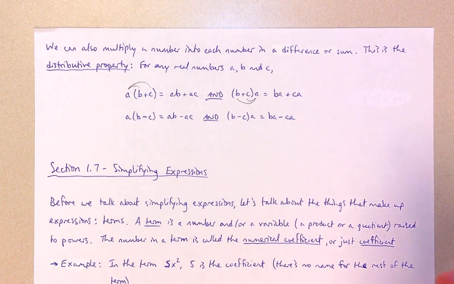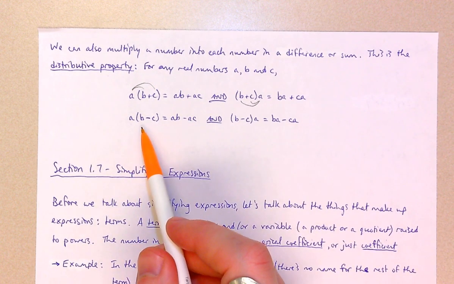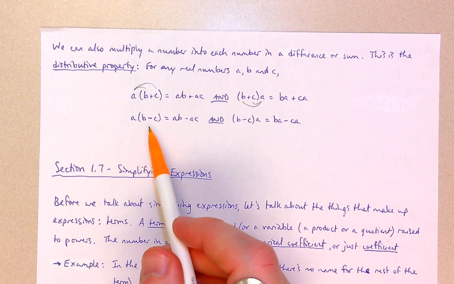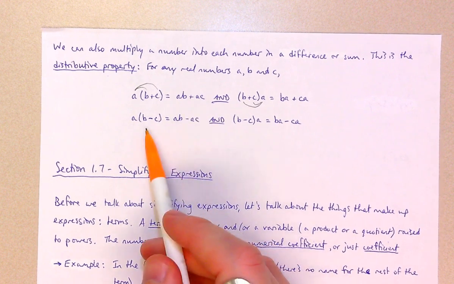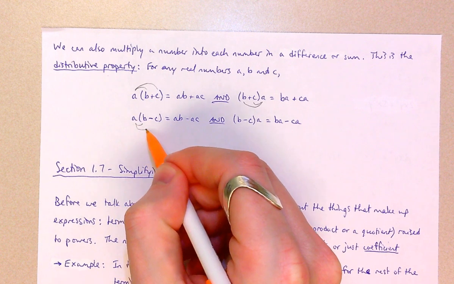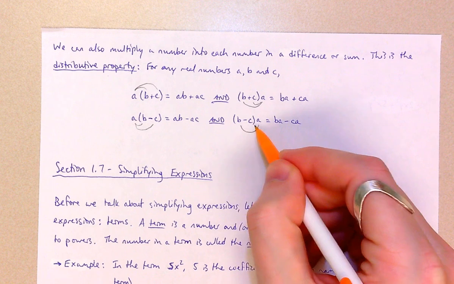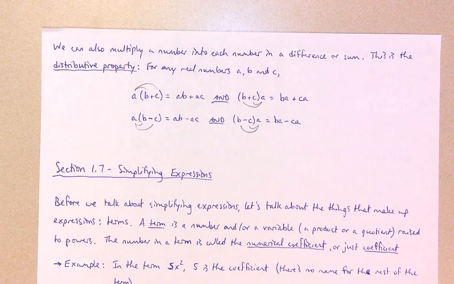Well, that doesn't just work with adding, it works with a difference as well. So if I'm going to take a and multiply it by the difference of b and c, I can do the same thing there. The a just gets multiplied into each of the two numbers there.